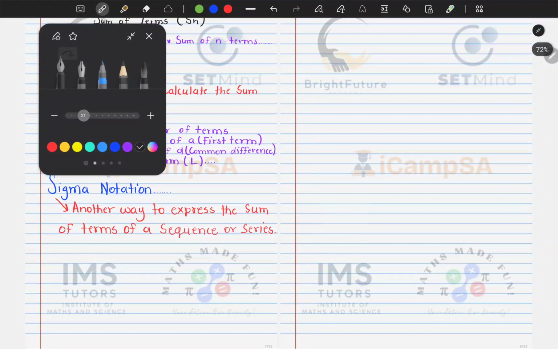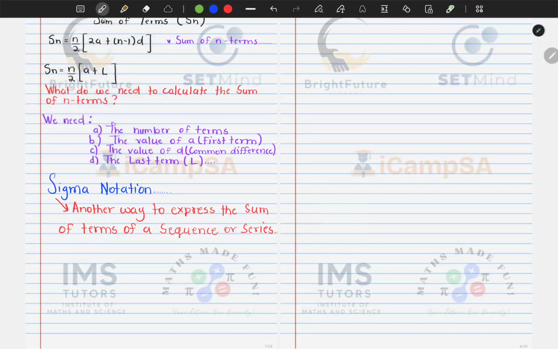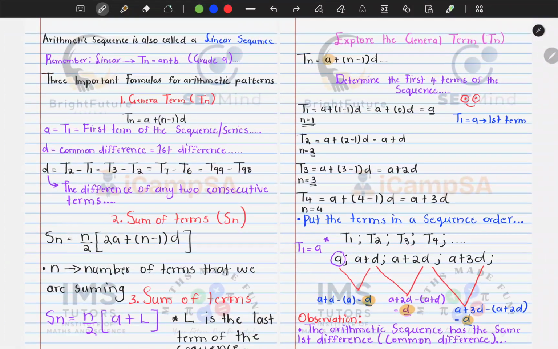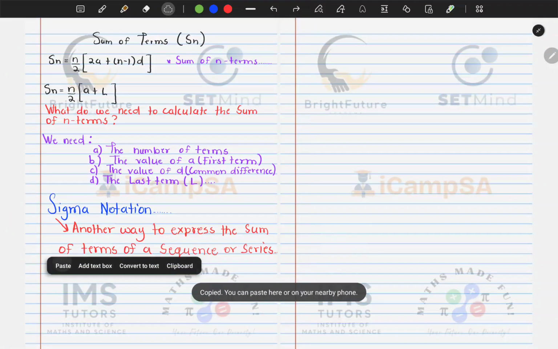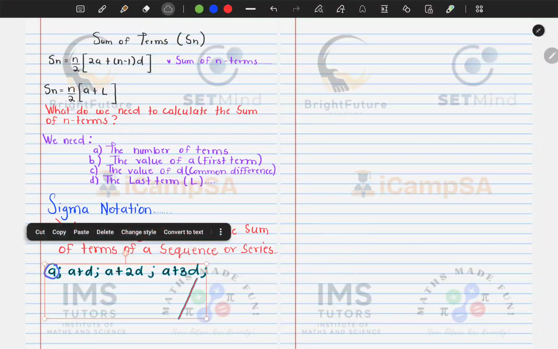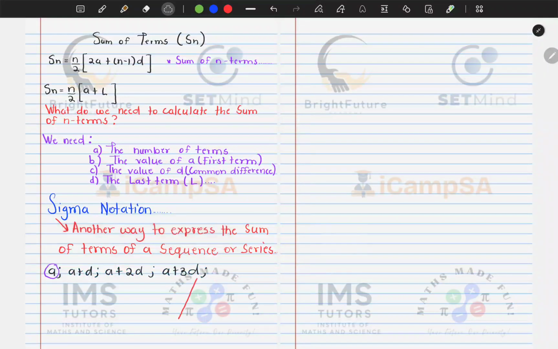So whenever we are required to express a sequence in sigma notation, for example, if you remember, we had 4 terms that we found. So I'll just go and copy them and then just show you this in application. So with these 4 terms which we found before, what we can do is make them a series by just putting a plus in between.